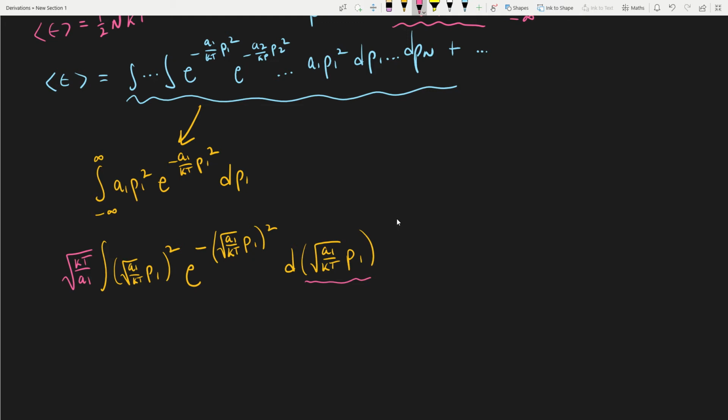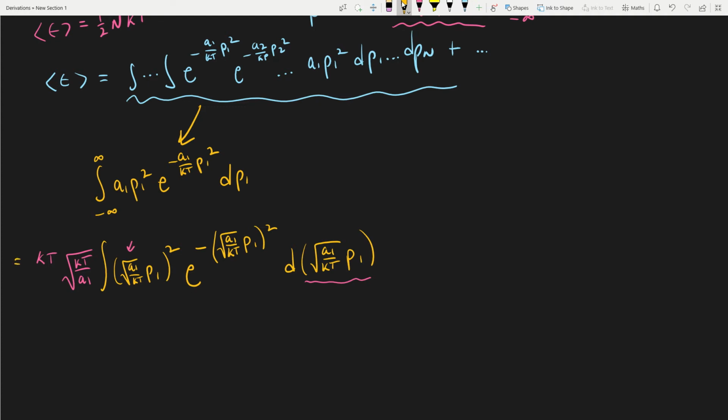This guy, square root a1 squared, we already had that. So we actually picked up a1 over kT, so I need to multiply by kT to make all things equal there. And that should be pretty much it. Unless I've made a mistake, that is going to make that whole thing equal to this guy, right? So this is an equality.